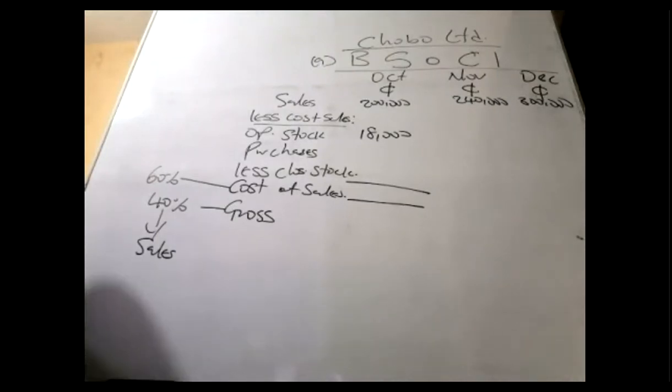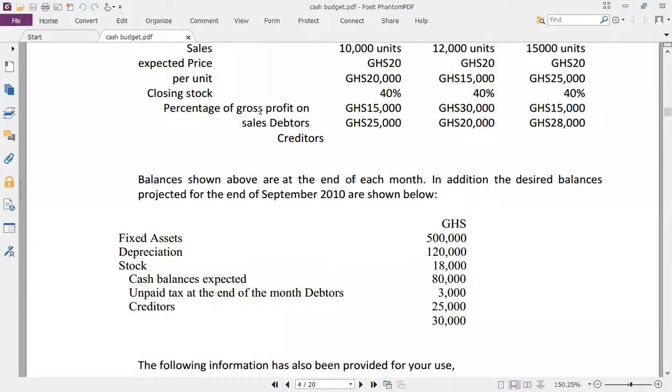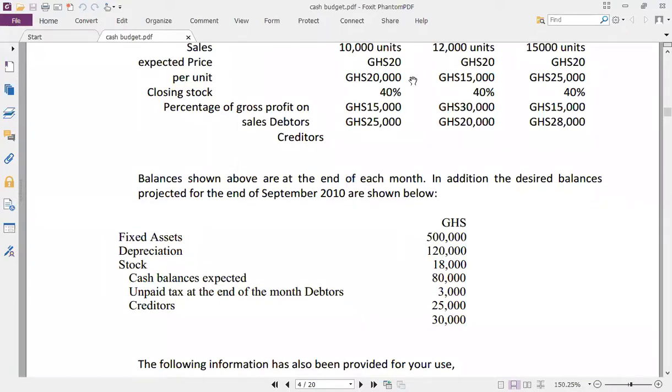So let me fill in the other items. The closing stocks have been given to us already. The closing stocks happen to be 20, 15, and 25 from the question.